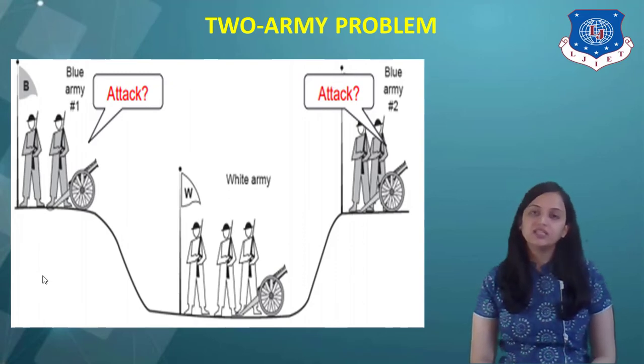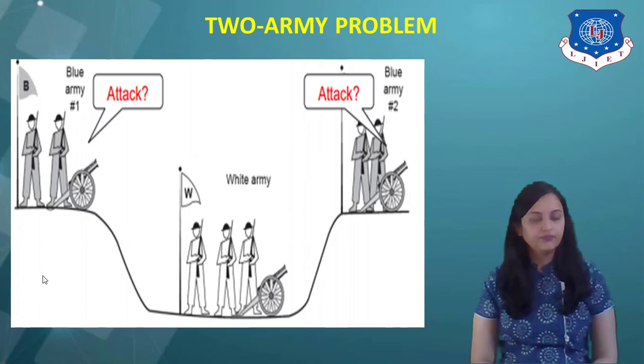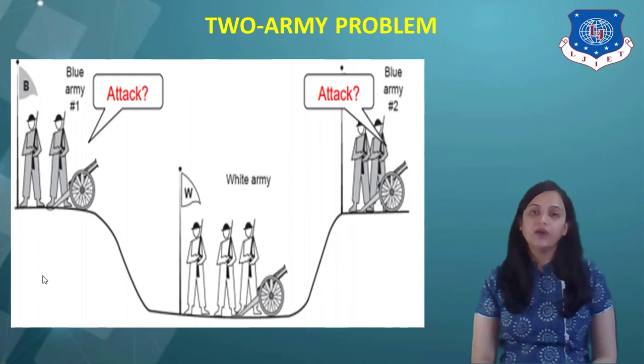But what if the acknowledgement is not received correctly at blue army 1? Blue army 2 will attack at 9 AM in the morning, and blue army 1 will understand that as we have not received the acknowledgement, we are not ready to attack at that time. So they will not attack and this war can be defeated by the blue army.